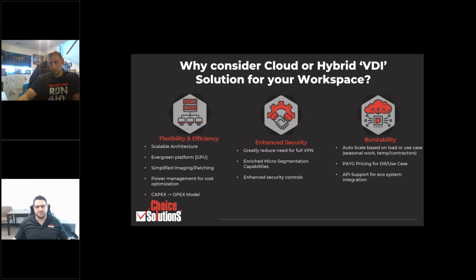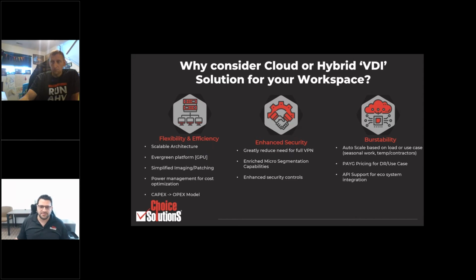Enhanced security, if you look at the ransomware and a lot of the stuff that's going on recently in the news and has been for a while, a lot of it comes from full VPN access. We've been talking to our customers for a long time, being in the EUC space for a long period of time, and we're seeing more and more customers move away from full VPN to secure remote app and desktop delivery. With either solution, you can accomplish that goal.